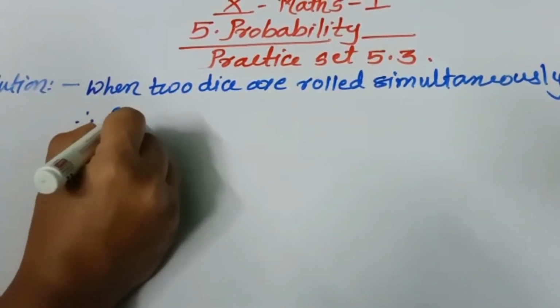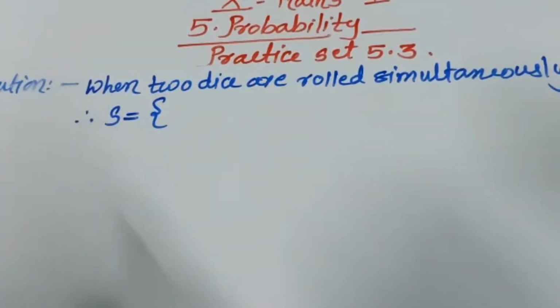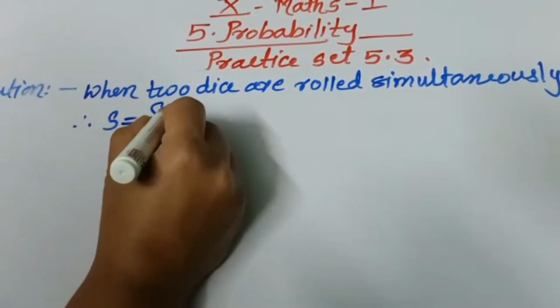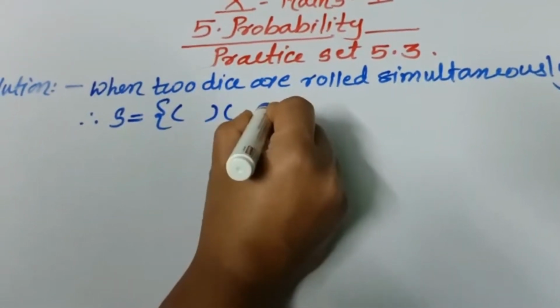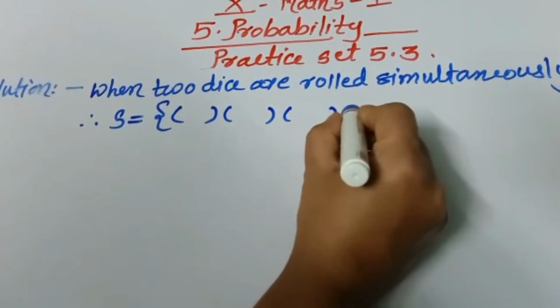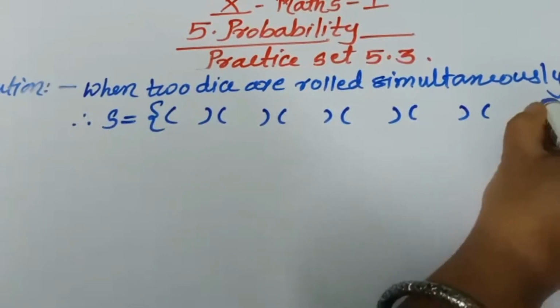So write the sample space here. Say S is equal to, how to write the sample space when two dice are thrown or rolled? Here first draw the bracket, then 1, 2, 3, 4, 5 and 6.